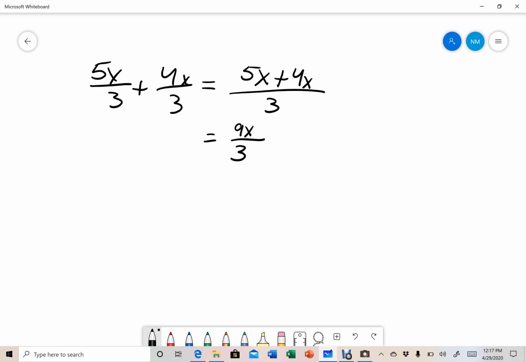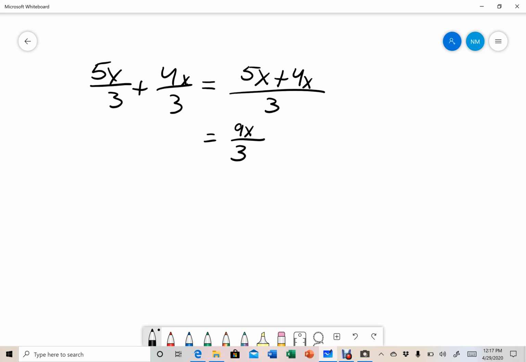Now remember, when we're adding terms with variables, we're adding like terms, meaning I can only add an x to an x, an x squared to an x squared, an a to an a, a b squared to a b squared, and so on and so forth.